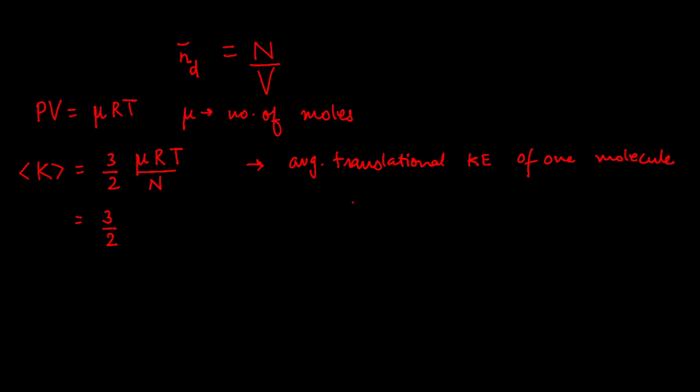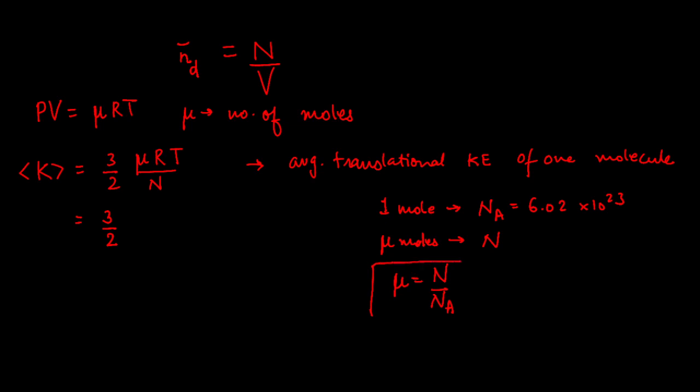Now, based on chemistry, I think you might be knowing this, that 1 mole is Avogadro number, that is 6.02 into 10 raised to 23. So mu moles, if it is N, then the relation between these three things is as follows: mu equal to N upon Na.